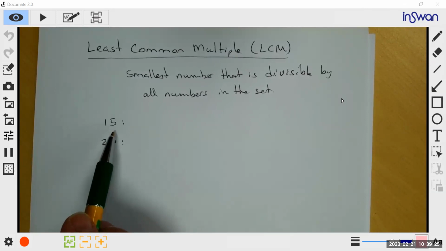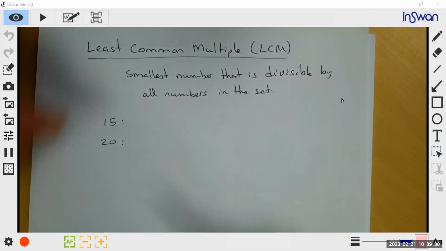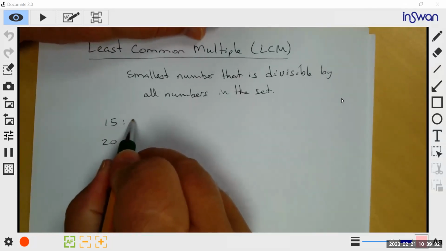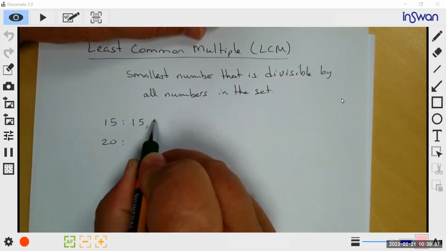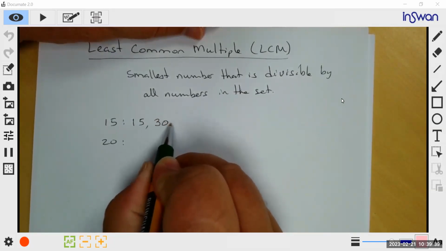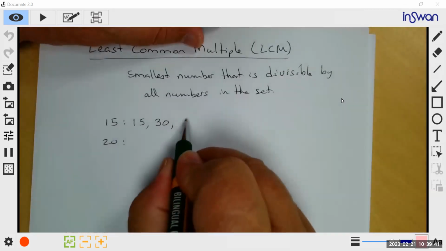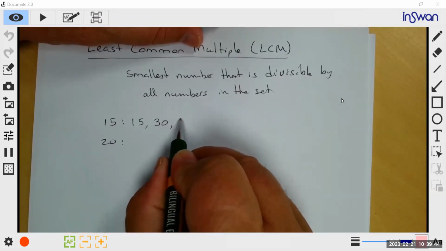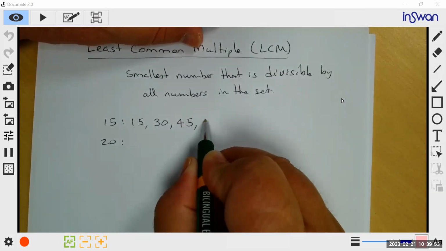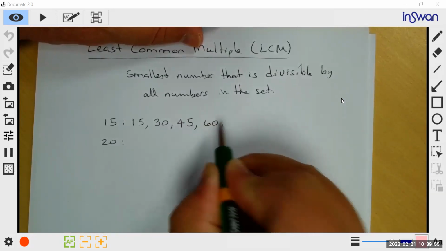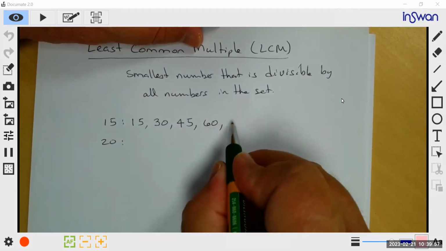Does 15 fit into 5? Well, let's look at this. 15 times 1 is 15. 15 times 2 is 30. 15 times 3, 45. 15 times 4, just add 15 to 45: 60. 15 times 5.